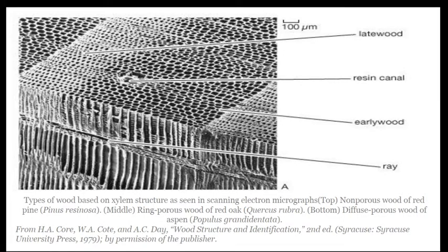So here is the diagram which shows late wood and early wood. At the base, here is the late wood, which is darker in color, crowded and showing a small diameter, while this patch is a resin canal.